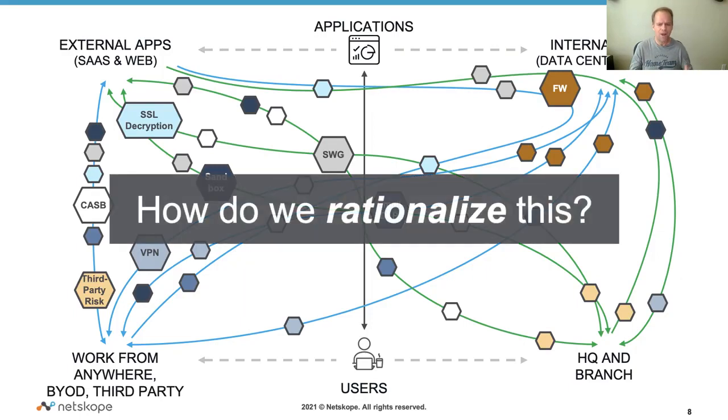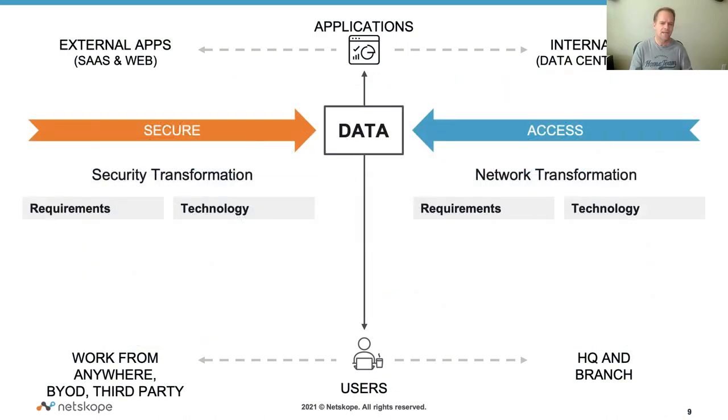So how do we rationalize all of this? So this is where the transformation of both security and networking need to really take place. Because ultimately we're talking about the same problem and the same challenge, and that is basically protecting the organization's data. There's protecting the data, but there's also providing ubiquitous access to the data for those employees.